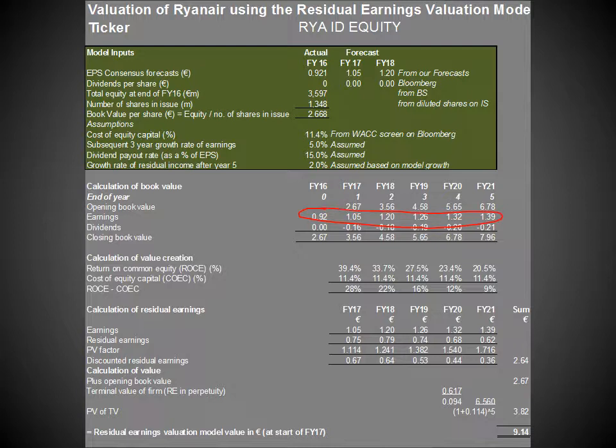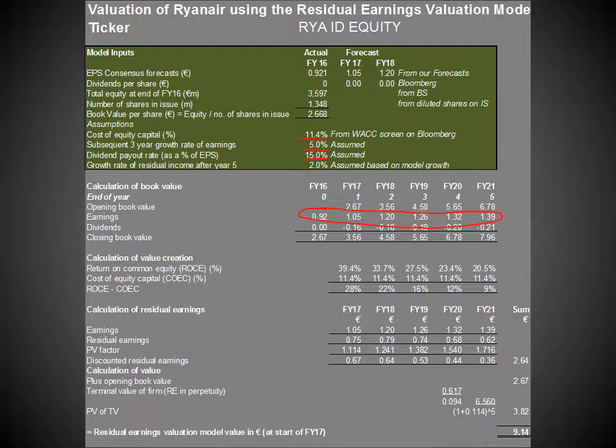Now, there's a few things here. Firstly, you'll need to discount at the cost of equity capital, which is 11.4% according to Bloomberg. You're going to have to make assumptions about the growth of earnings, and you'll also have to make assumptions about the dividend payout rate.